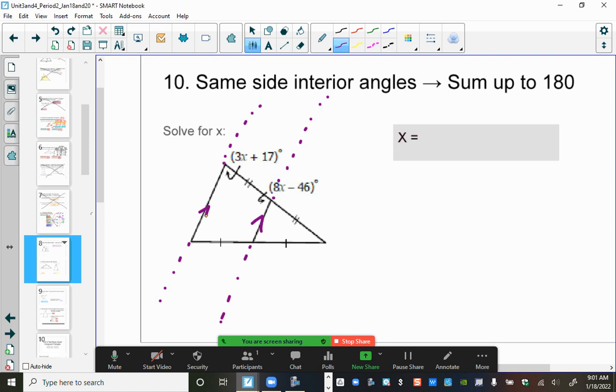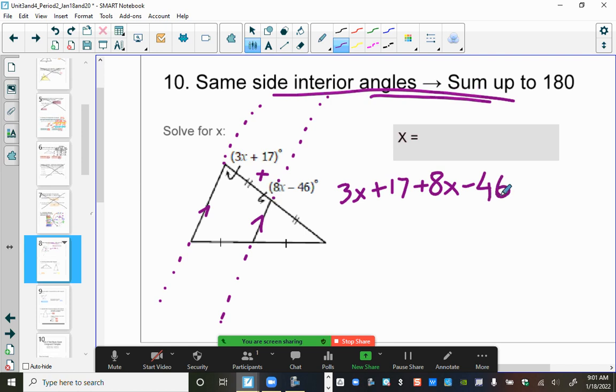That's always going to be the case. These same side interior angles sum up to 180. We'll set it up. Do definitely start this type of problem that way. That's the first thing I would do.